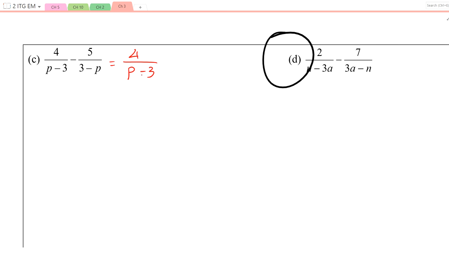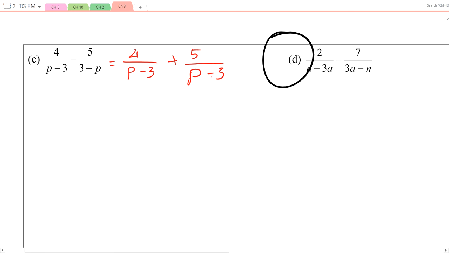So what do I need to do to the denominator to make it p minus 3? Times negative 1, right? So if I multiply by negative 1 to the denominator, then I also need to multiply negative 1 to the numerator, which is actually the same as changing that sign, right? So this becomes plus 5 over p minus 3.